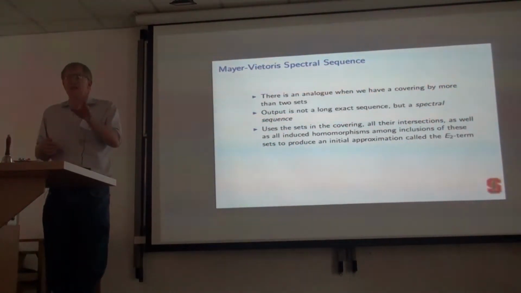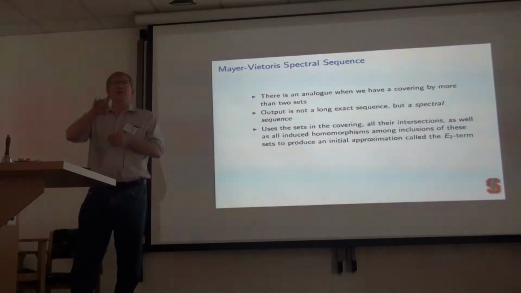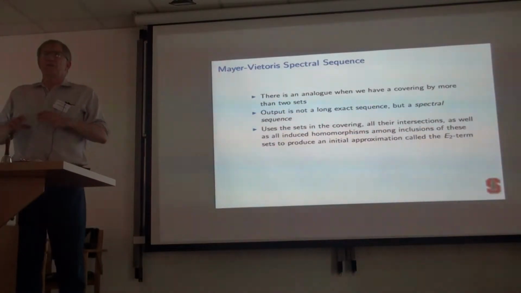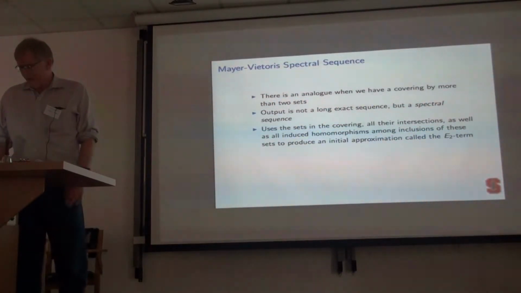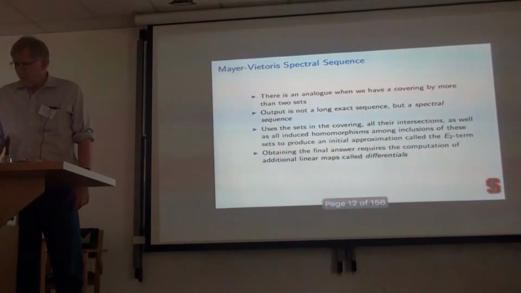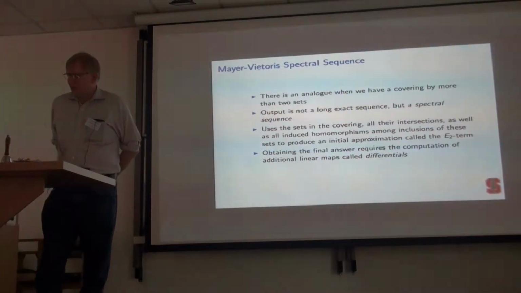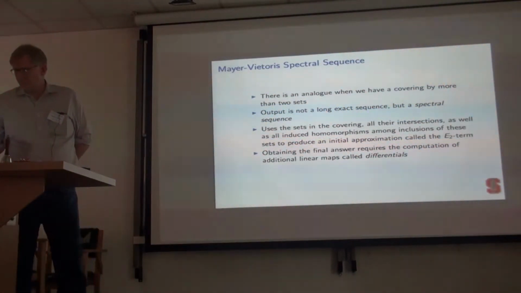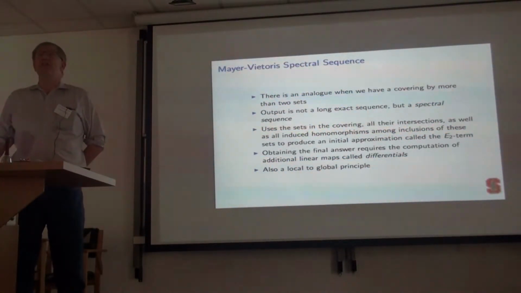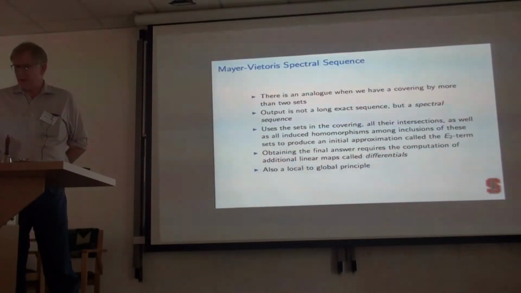So in the long exact sequence for homology, you need to compute a single connecting homomorphism. Here in the spectral sequences, you compute families of differentials and so forth. Nevertheless, it's a fundamentally useful tool on the pure math, pure topology side. So I would also call this a local to global principle. It says that a certain spectral sequence converges to the homology of the whole space.